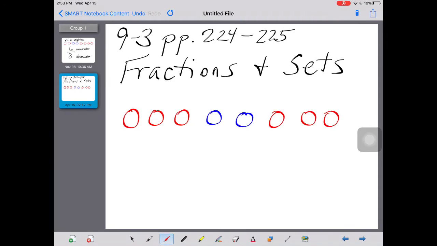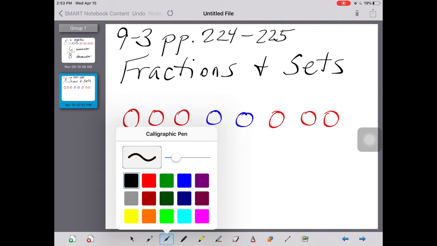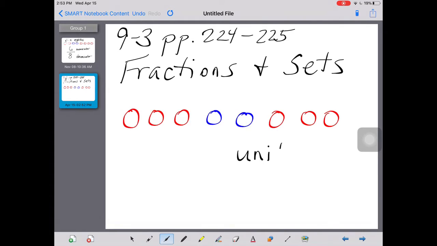And we want to represent some fractions here. First off, we want to look at what a unit fraction is. A unit fraction is just saying one part, one person, one piece of the pie, one out of all of it. So for a unit fraction, we're going to have our fraction bar.